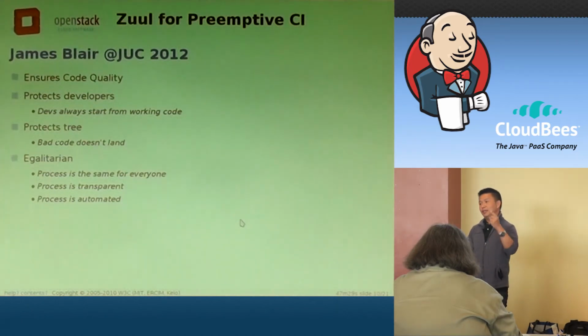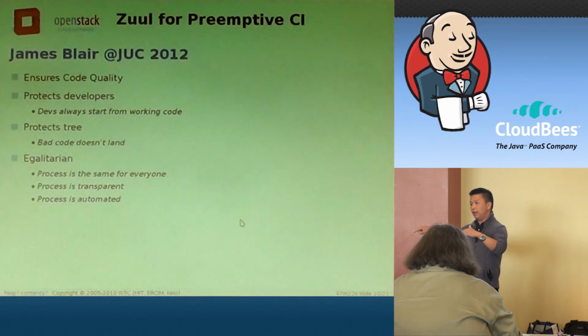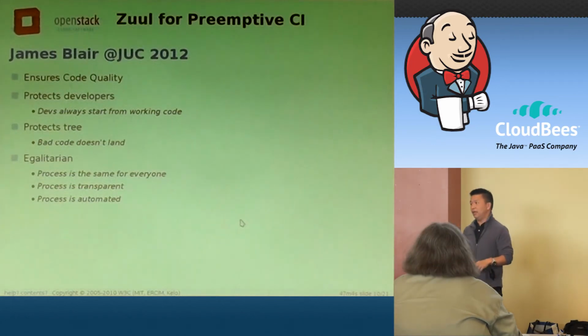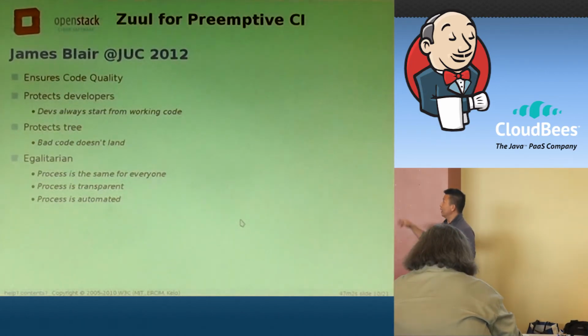We test before the change gets committed to master. Somebody uploads a patch, we run a build and test to make sure it passes before we merge to master. So nobody ever downloads a failing master. And Zuul is the thing that makes it possible.